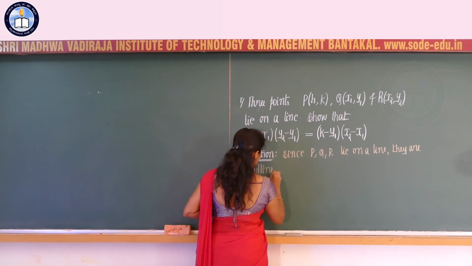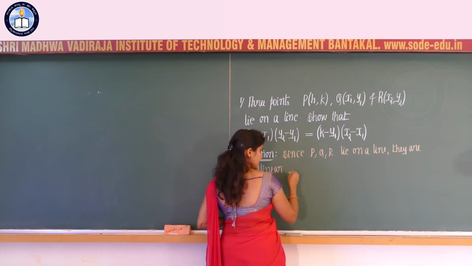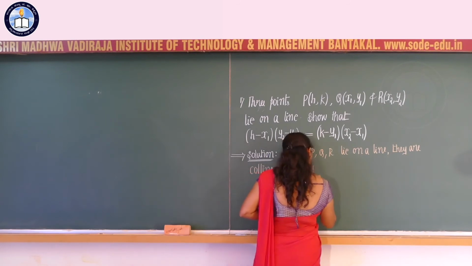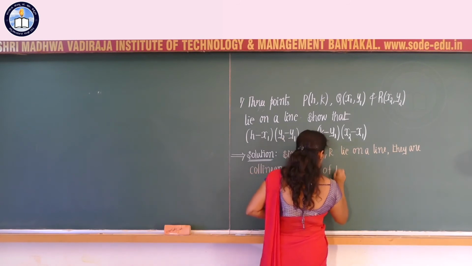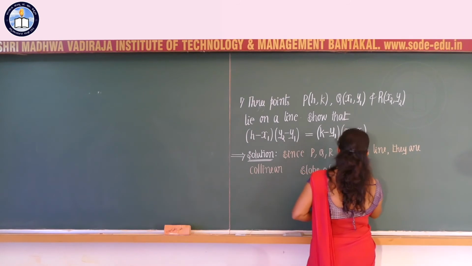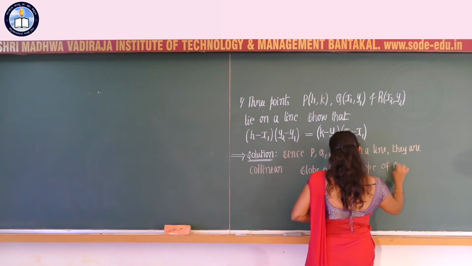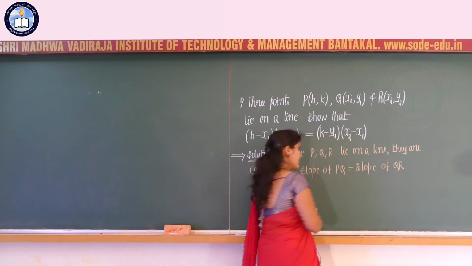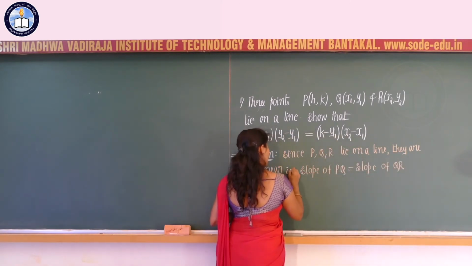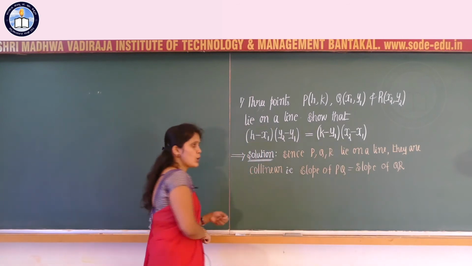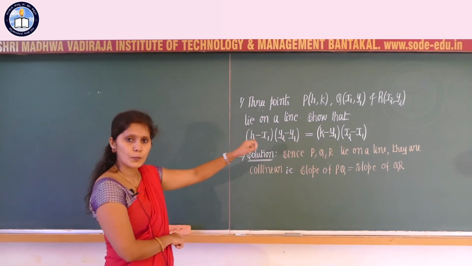So since the points P, Q, R are collinear, we can say that slope of PQ is equal to slope of QR, by the definition of collinearity of 3 points.